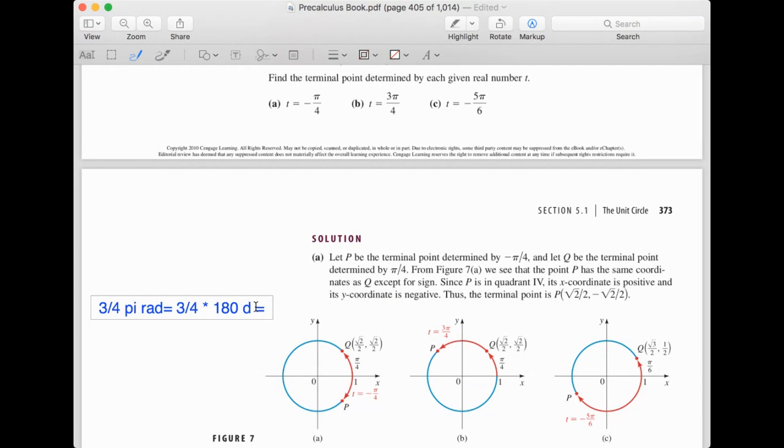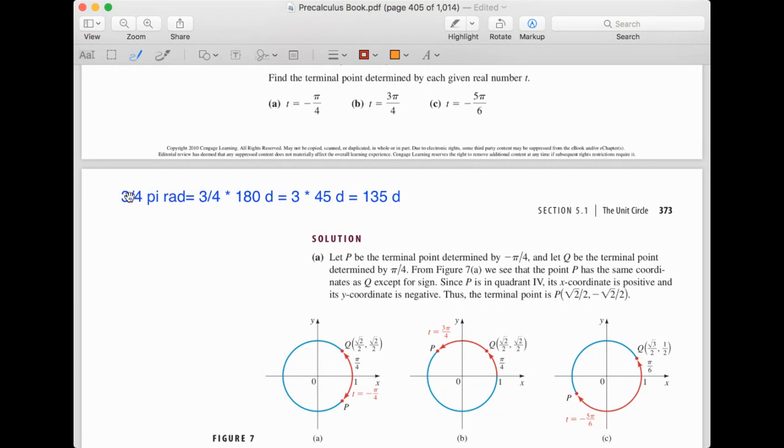So 180 divided by 4, we can divide by 2, right? 180 divided by 2, we get 90. 90 divided by 2, we get 45. So we get 3 times 45 degree. But what's 3 times 45? 3 times 5, 15. 3 times 4, 12. That's 135 degree.